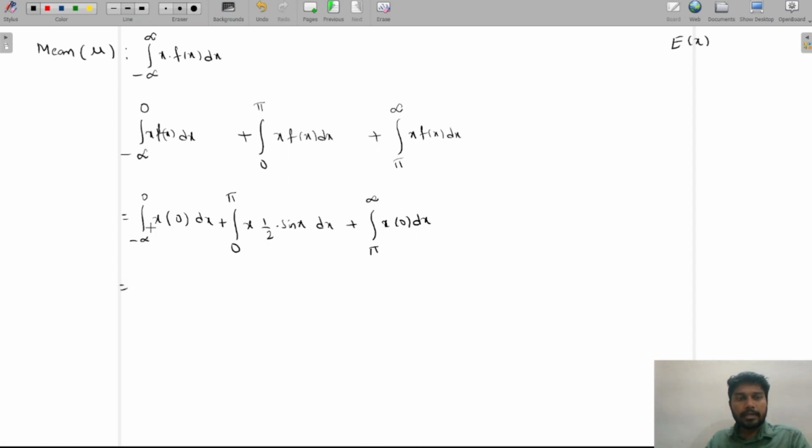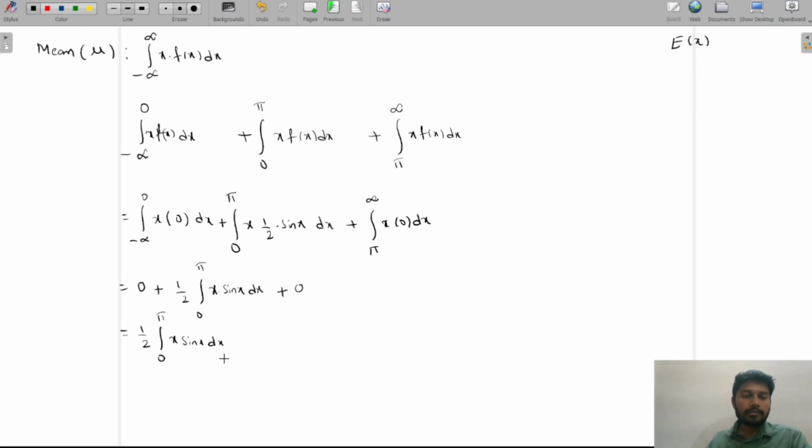The integration of 0 is 0, and 1 by 2 is a constant, so keep it outside: 1 by 2 integration 0 to pi x sin x dx, plus 0. So the left term is 1 by 2 integration 0 to pi of x into sin x dx.